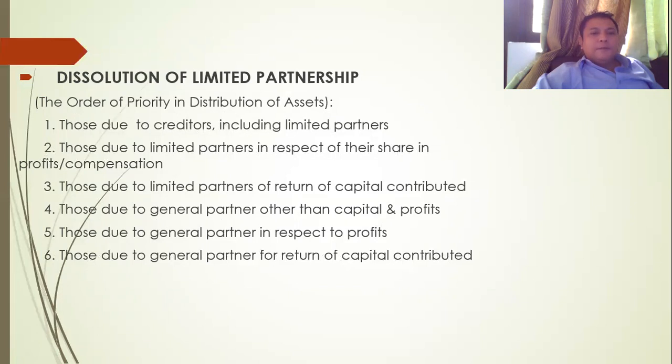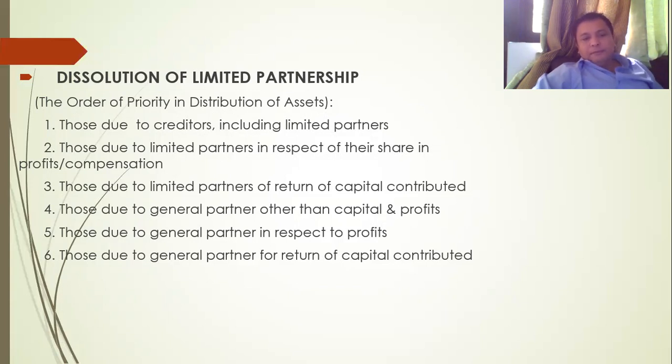And fourth preference are those due to general partners other than capital and profits. So this one pertains to liabilities of the partnership to a general partner. So if the general partner is a creditor to the partnership, then he is only fourth in the distribution of assets.